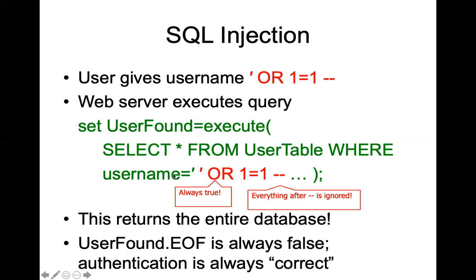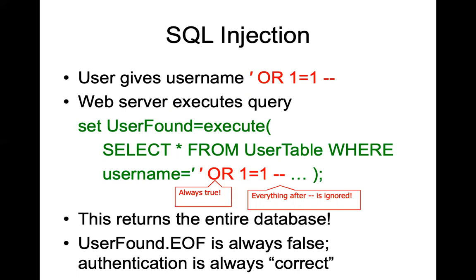Okay. So either this predicate or this predicate has to be true. And if that is the case, then this whole thing is going to evaluate to true, which is therefore going to trivially evaluate to true for every row in this database. So select star from user table is the result of this query, which as a result is going to return back the contents of the entire database.